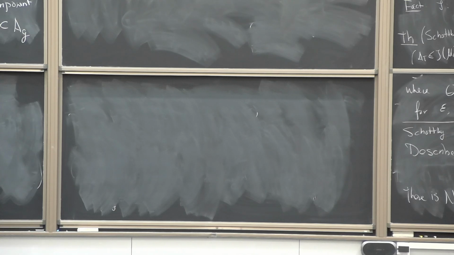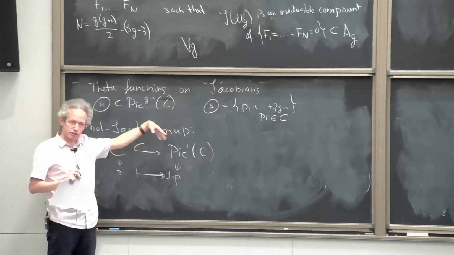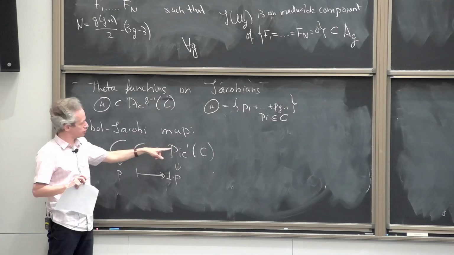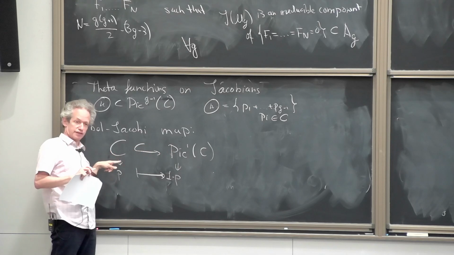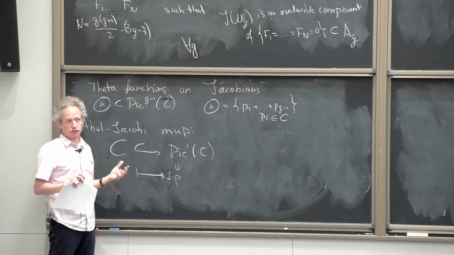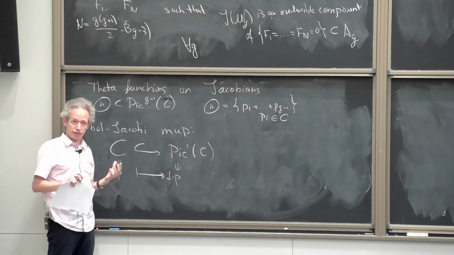Then I have the theta function, where theta is a divisor on Pic^{g-1}, but the divisor is the same as a function. So I have a function on the Jacobian, which I can then restrict to the curve. The degrees of the Pics don't quite match, but never mind. So I'm going to restrict it to the curve via the Abel-Jacobi map, and I'll get a function on the curve. I'd like to know what function on the curve I'm going to get.